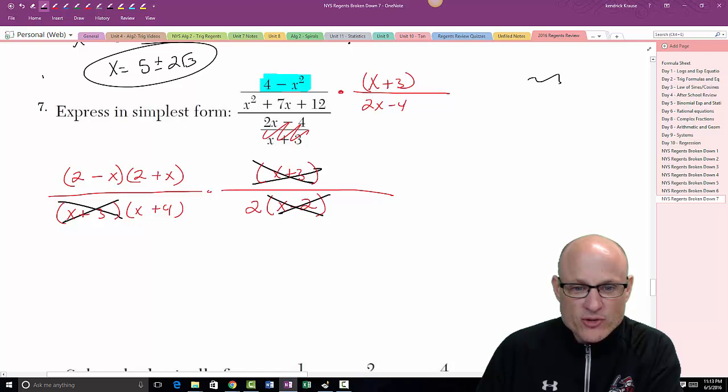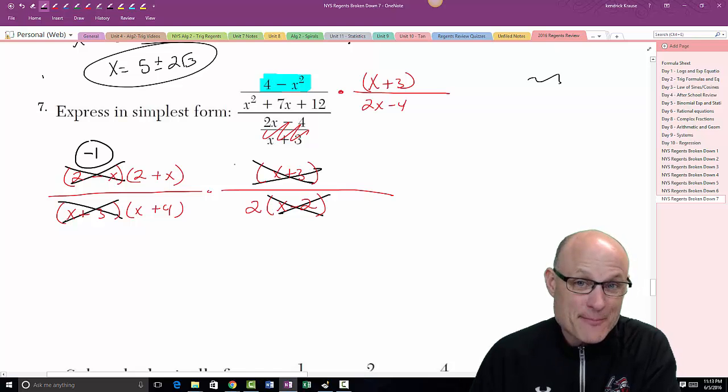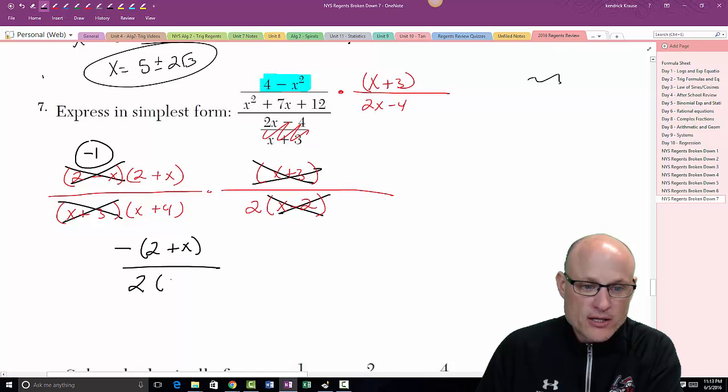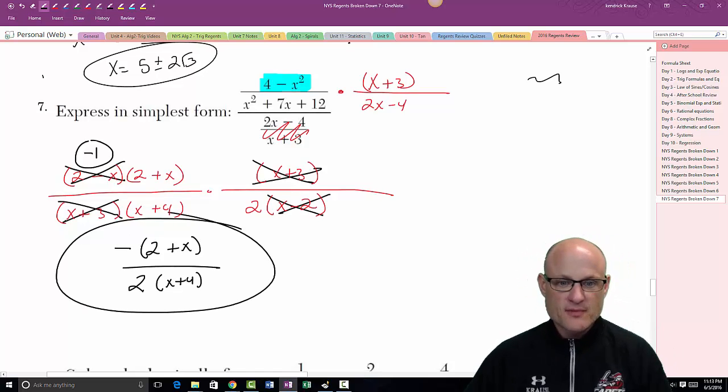This x minus 2 does in fact cancel with this x minus 2, but it only makes -1, not +1. So you can't just lop them off. So my final answer is -2 plus x all over 2x plus 4. There's your answer. I know it's weird, but that's your answer.